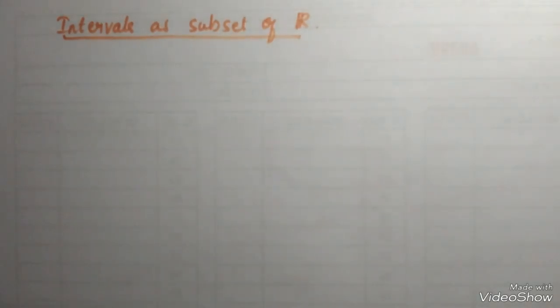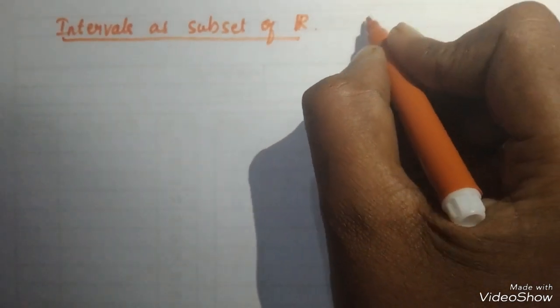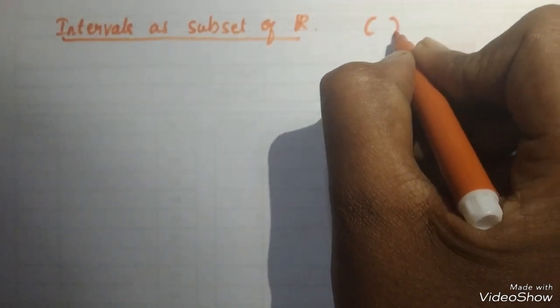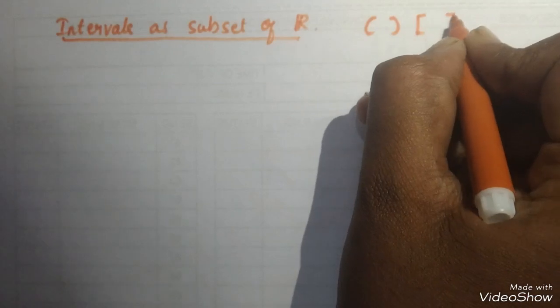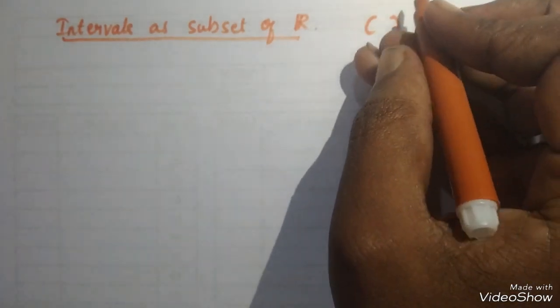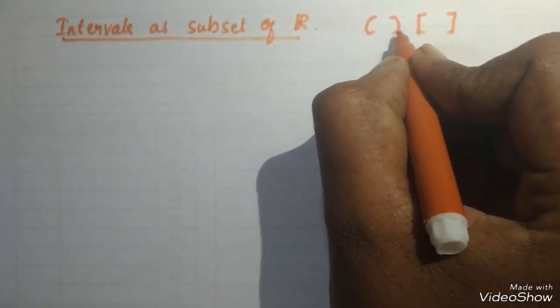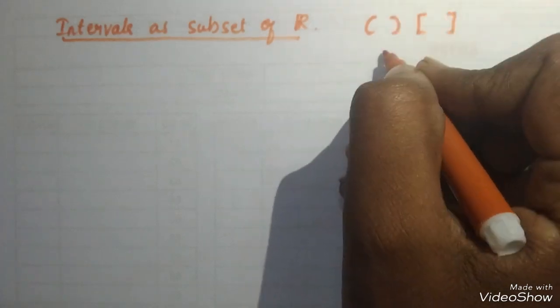Before going to write, intervals are usually denoted by open brackets or closed brackets. Intervals are usually represented in two types.